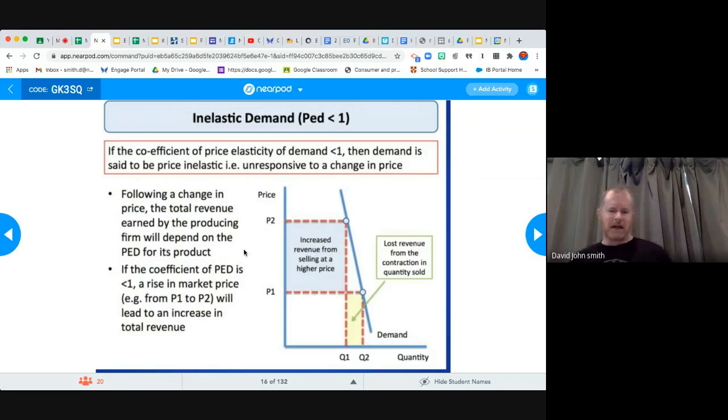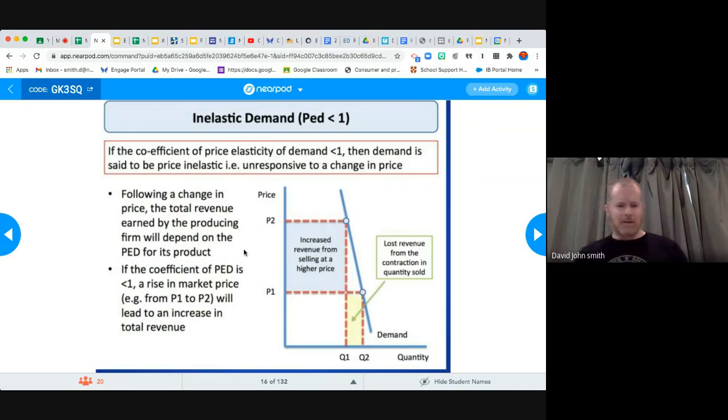Now think of the implications for this. Yes, we talked about ice creams as elastic goods. But think about some inelastic goods that there might be. Goods that people might be addicted to. Well, you're going to be able to increase the price and people are just going to buy them.